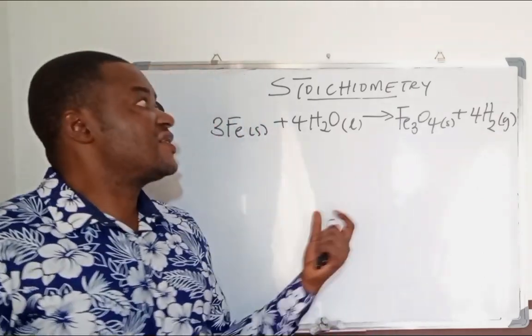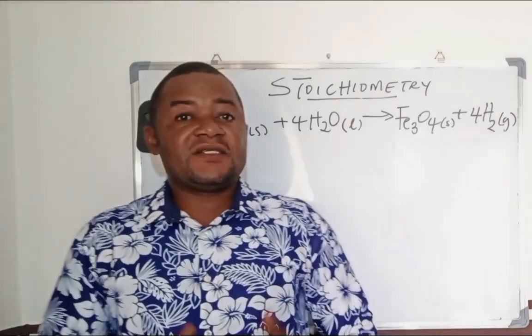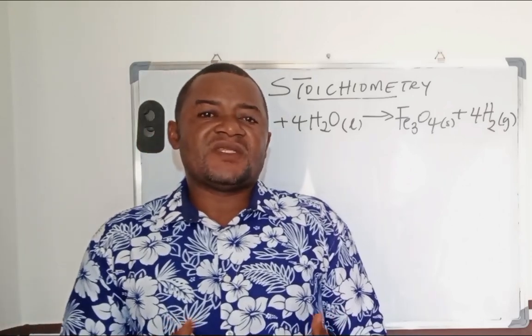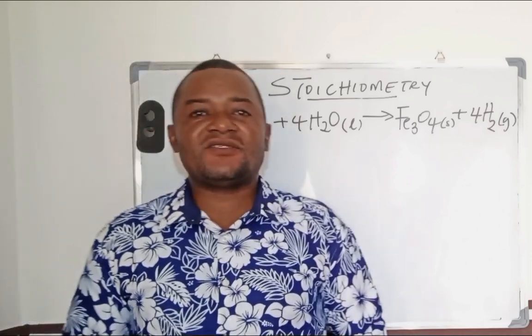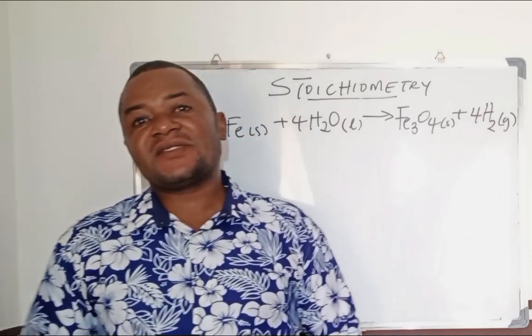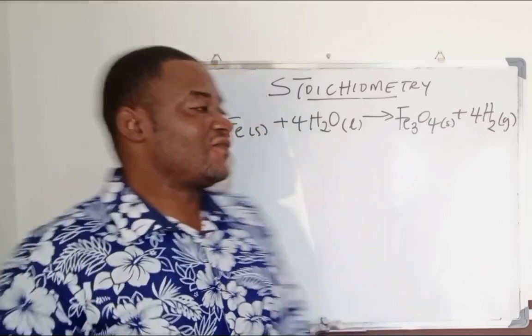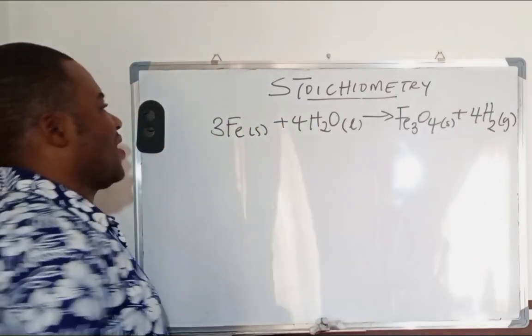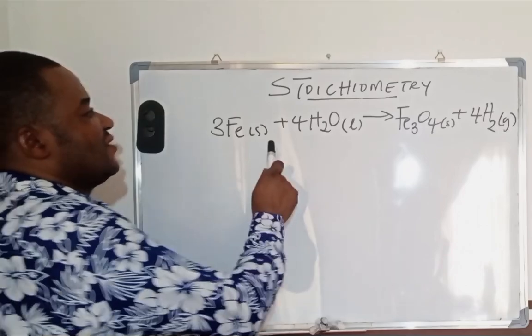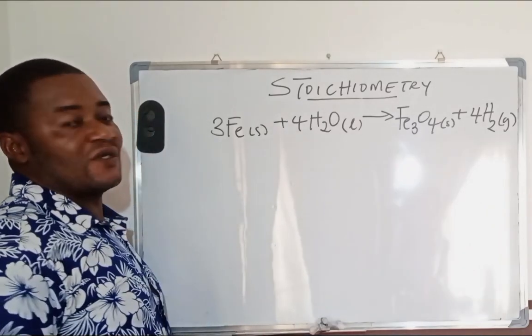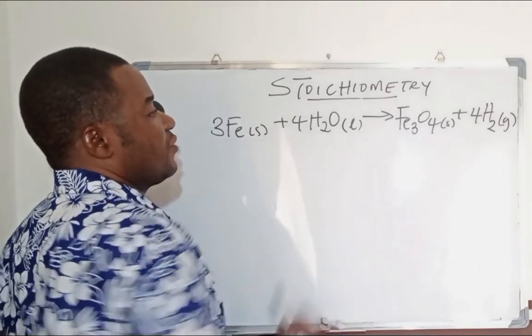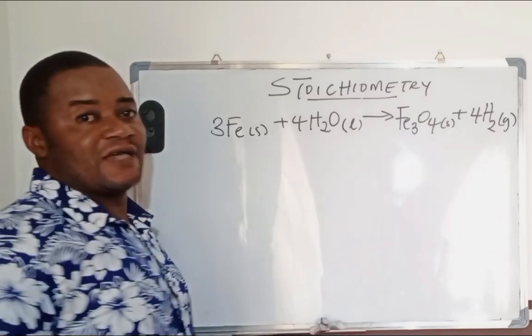So stoichiometry is simply the amount of reactants or products in a balanced chemical reaction. If you take a look at this chemical reaction, where we have iron reacting with 4 moles of water to give us iron 3 oxide and hydrogen.